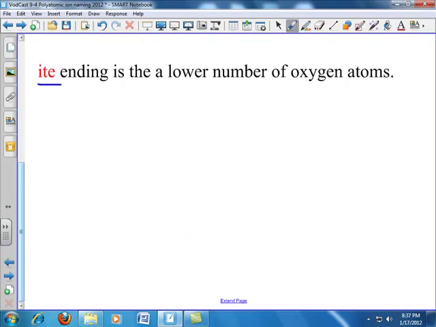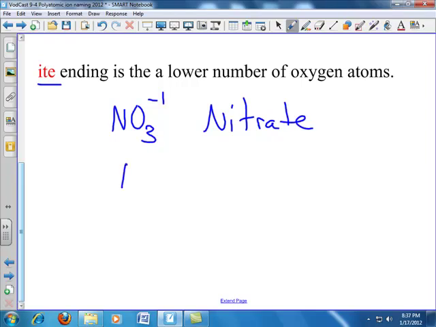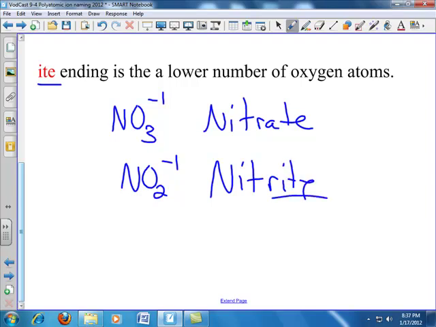So if I have NO3 1-, the name of that is nitrate. If I have NO2 1-, what would the name of that be? Hopefully you're saying nitrite.